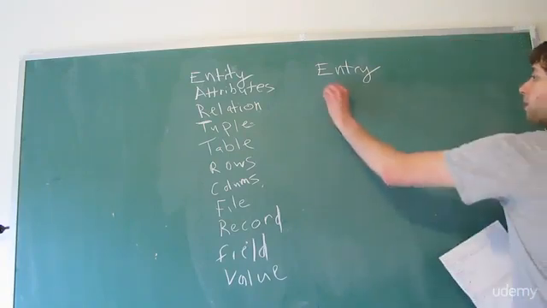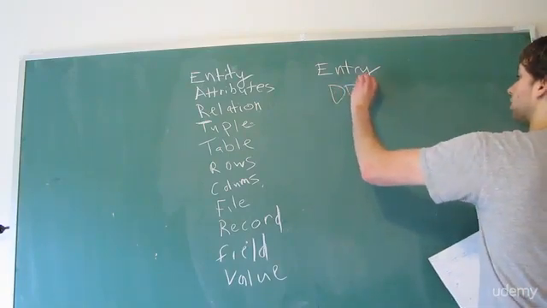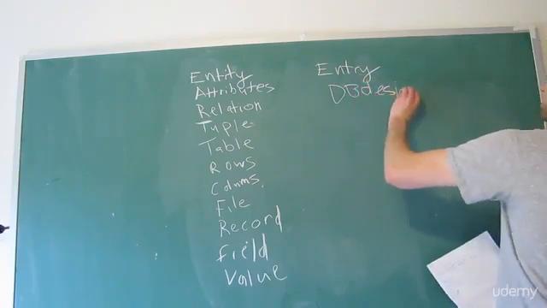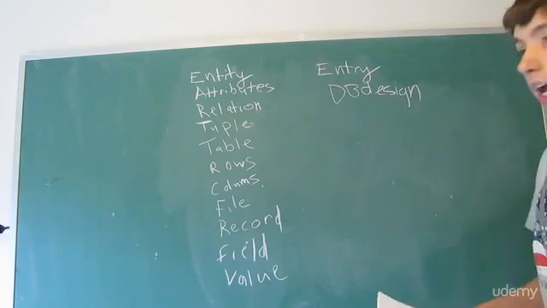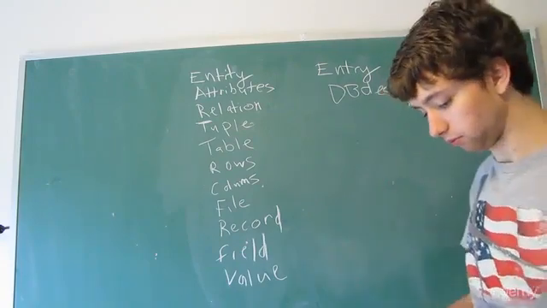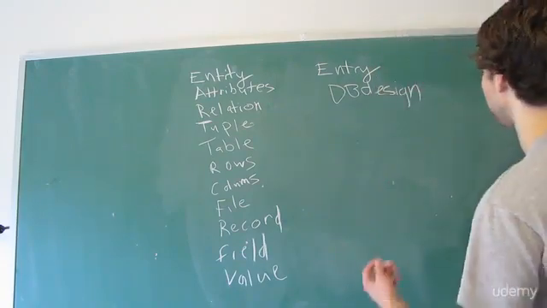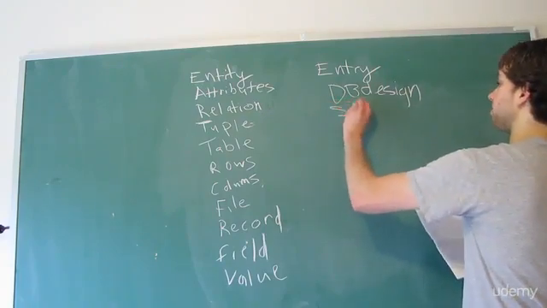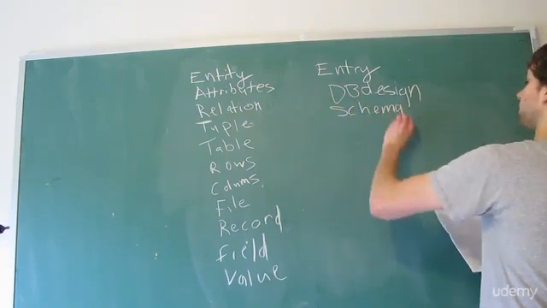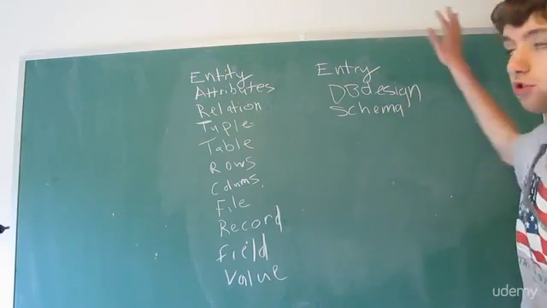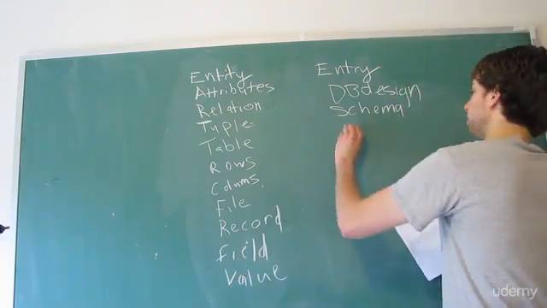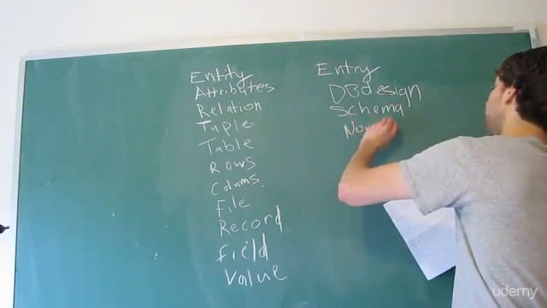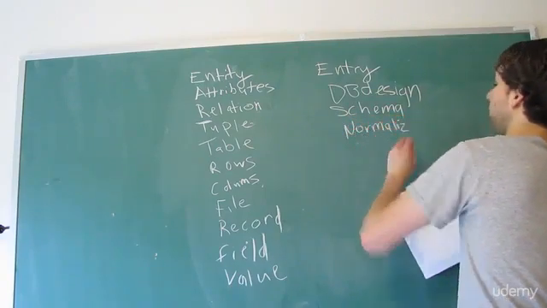Database design: the process of designing your tables to remove anomalies and have data integrity. Schema is just a drawn out structure of our database. Then we have a new term, normalize or normalization.